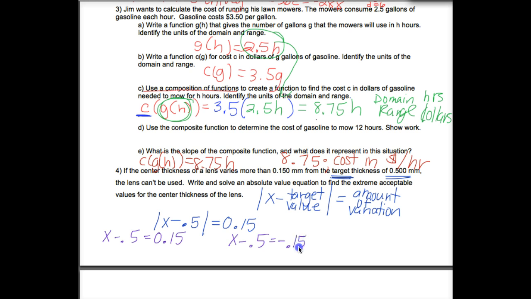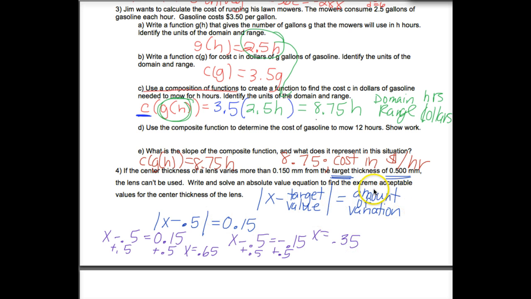But the work, remember, when I solve an absolute value, I have one that looks just like the original without the bars, and one that needs to be equal to the opposite. So I did that here. So on both of these sides, I'm going to add 0.5. So I get 0.65 here, and then over here, it's positive 0.5 and negative 1.5, so that gives me 0.35.